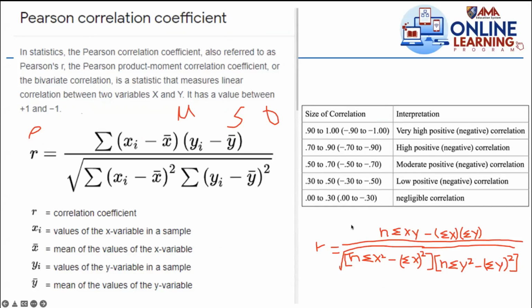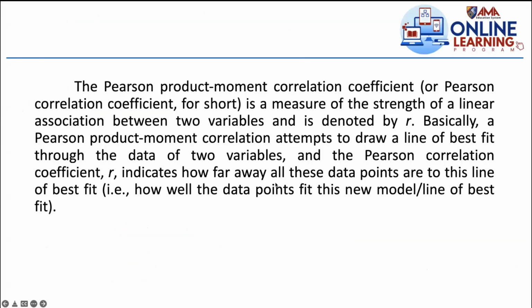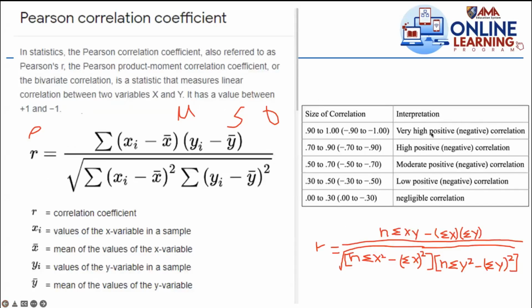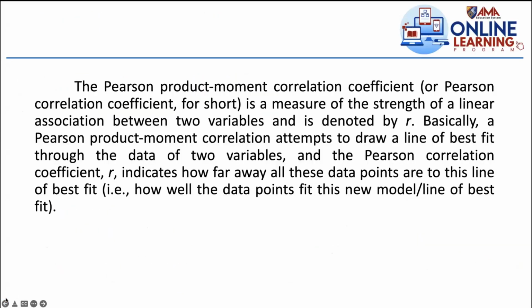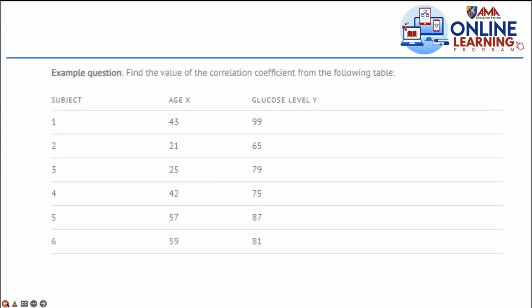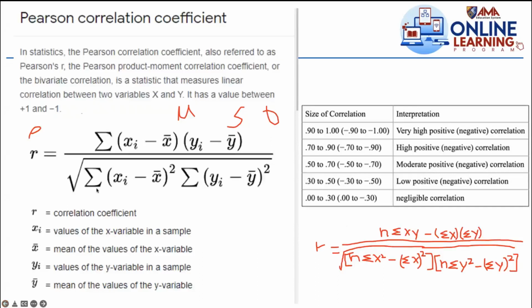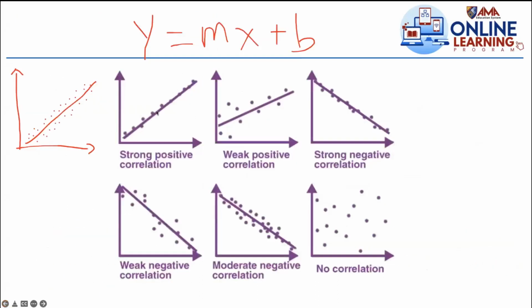Okay, class. And also you will see this: if numerically you have a very high or high positive correlation, you know that the points are what? Very near to the line, no? Because it's strong, right? Very near.